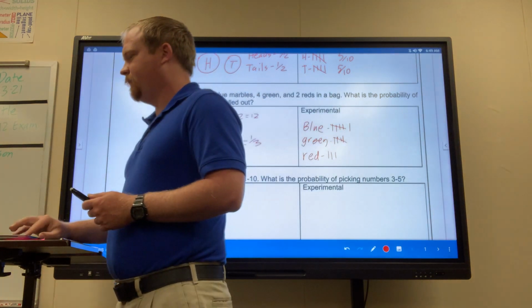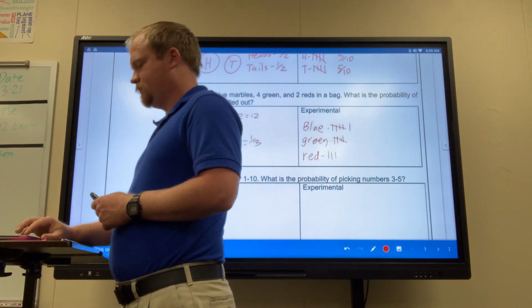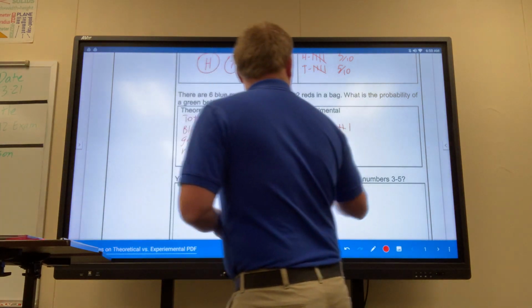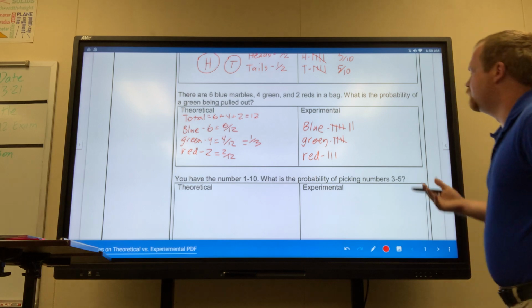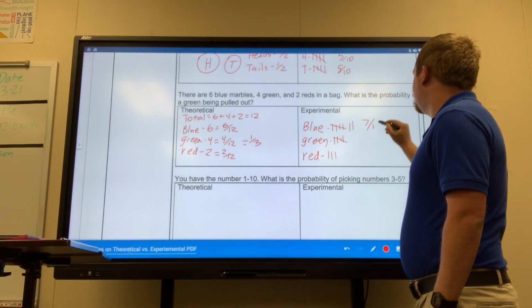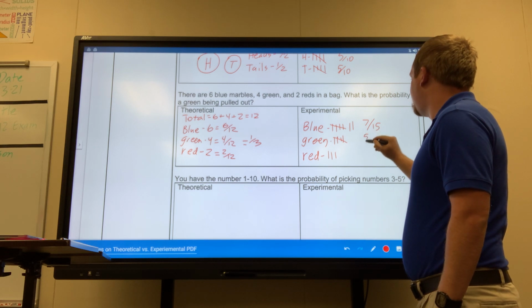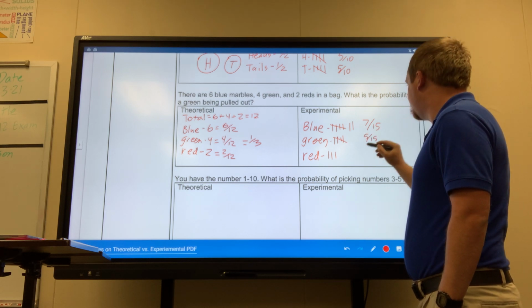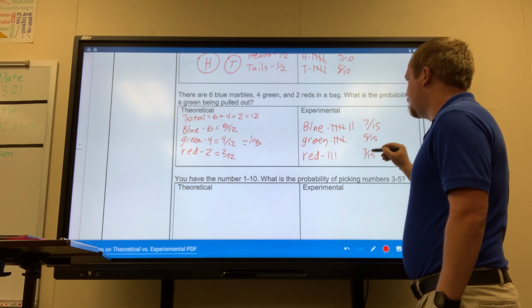And then lastly, 15. Right here. So looking at this experiment, I got 7 out of 15 for blue, 5 out of 15 for green, 3 out of 15 for red.